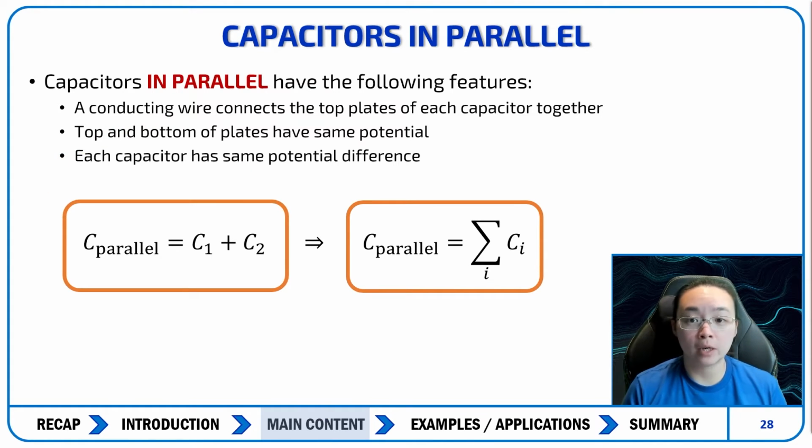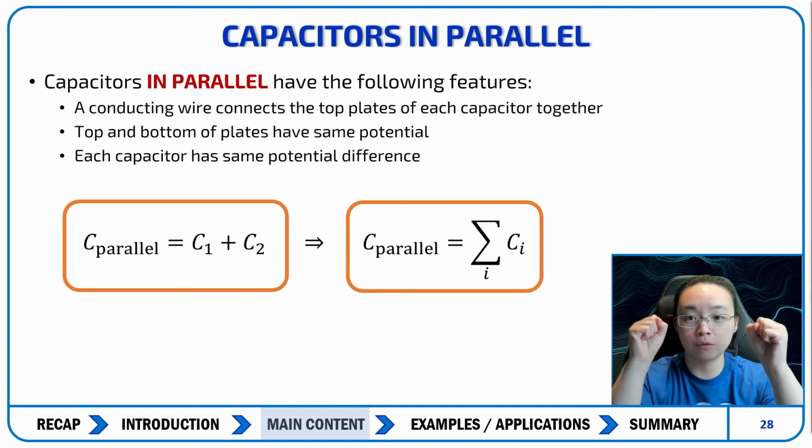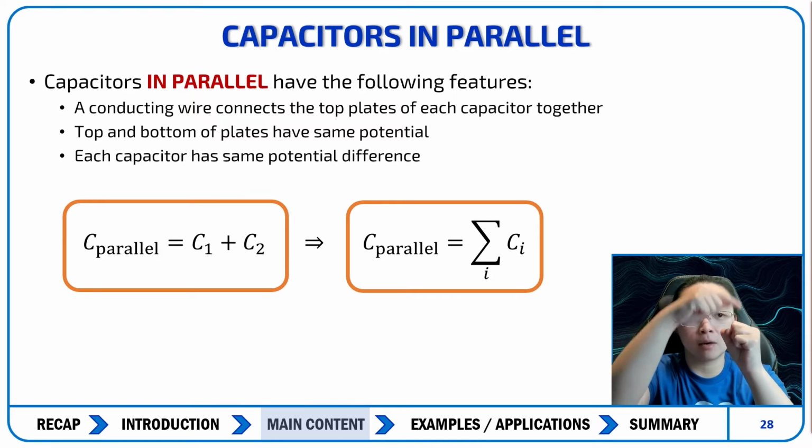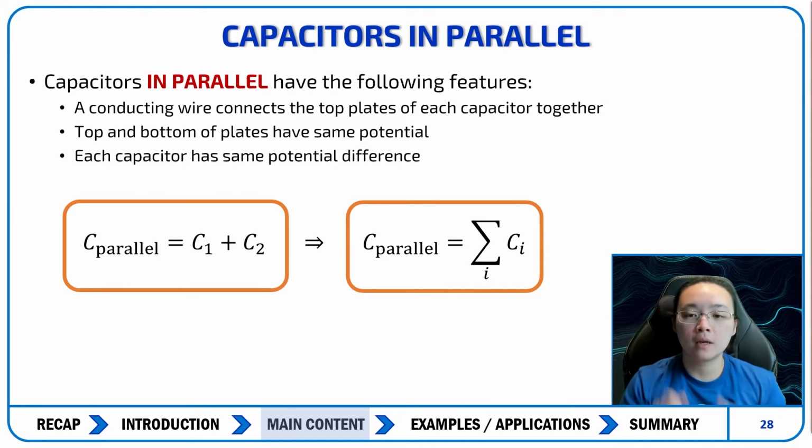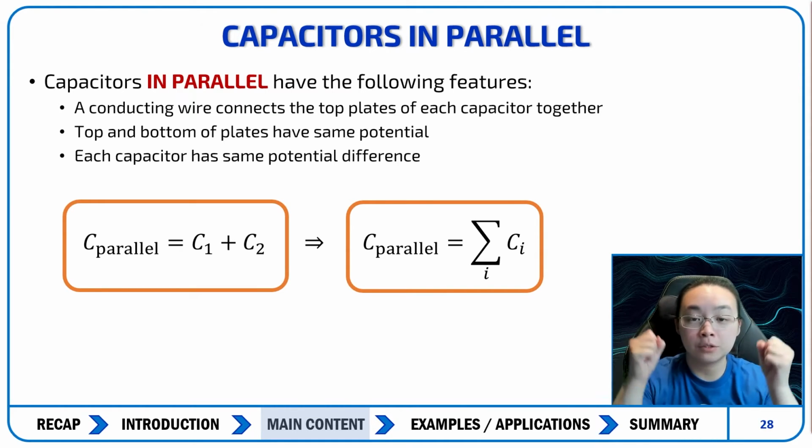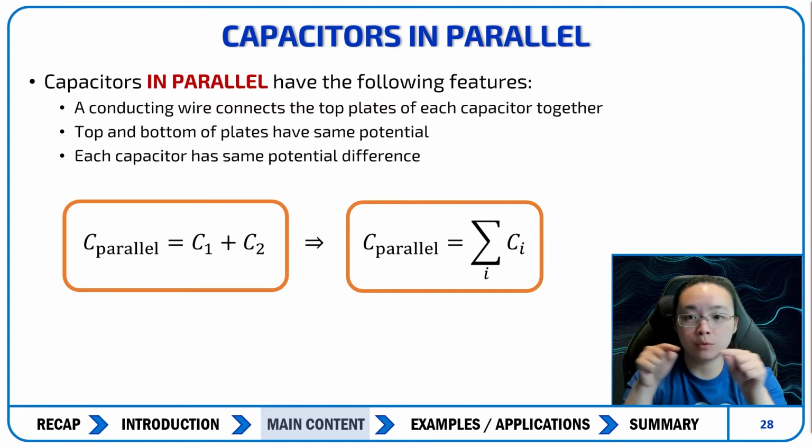So capacitors in parallel have the following features. A conducting wire is going to connect the top plates of each capacitor together. So you have two of them side by side, and a wire is going to connect the two of them from the top. Also, from the bottom, you have the two wires connecting the bottom two plates. So the top and the bottom of the plates are going to have the same potential.